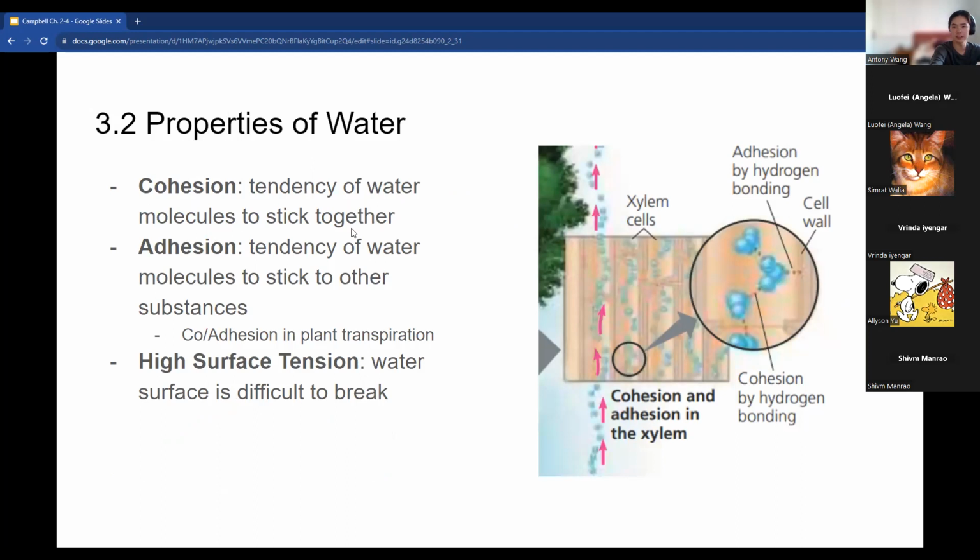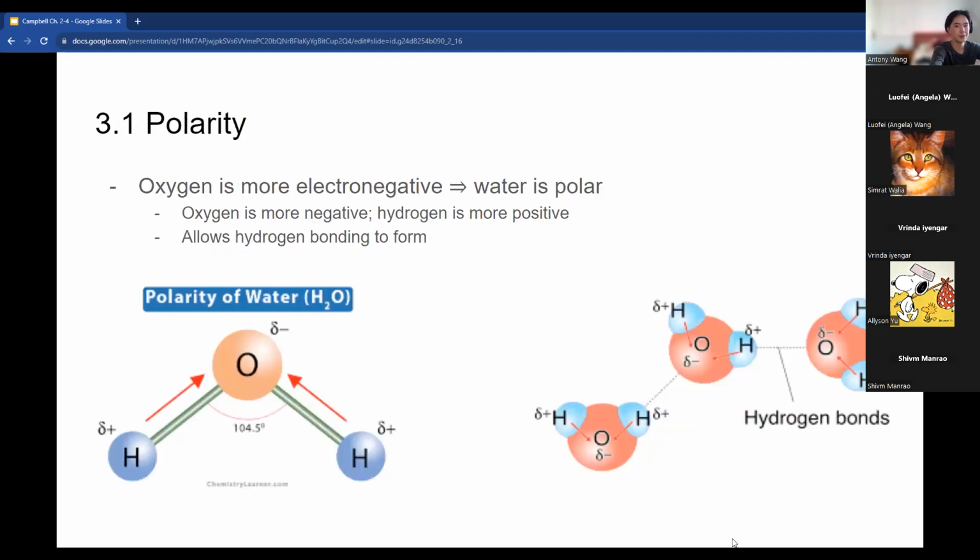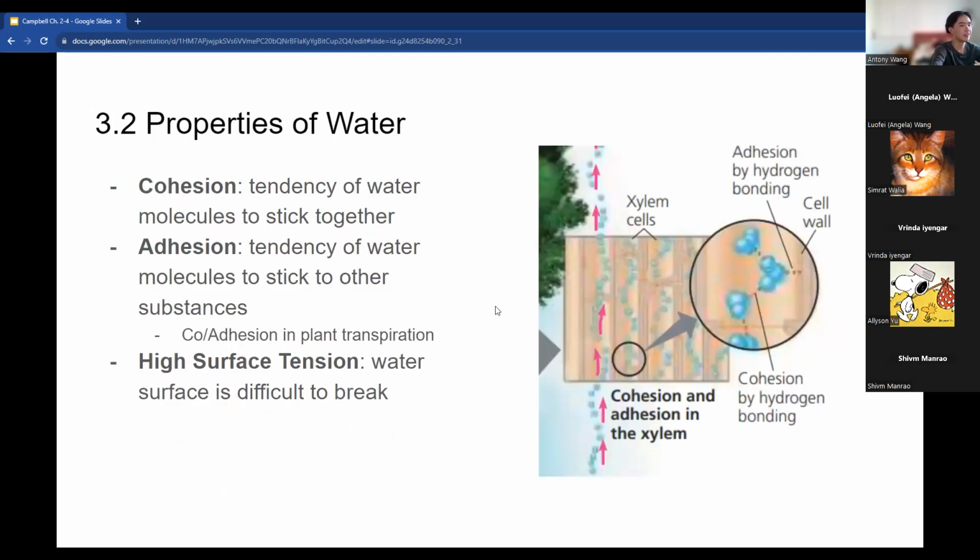Cohesion. Cohesion is a tendency of water to stick to other water molecules. So if we go back to the previous slide, you see how the positive and negative charges cause an attractive force between two water molecules, and that's really important in terms of the biology as a whole.